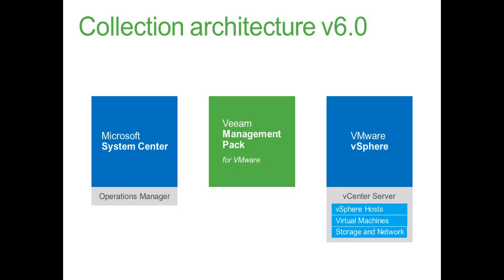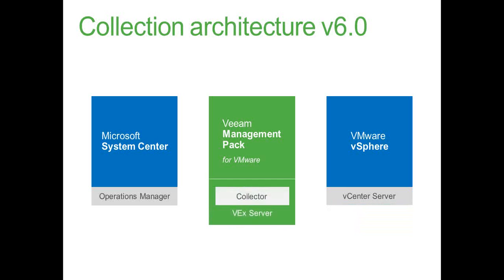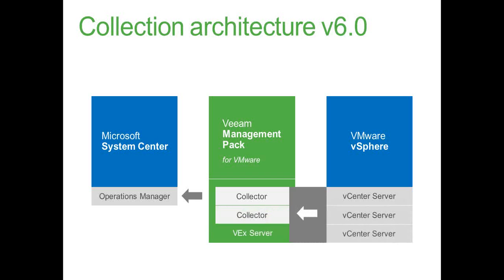I got my vCenter server, and there's a collector service running on the Veeam Management Pack server, which basically collects the information from our vSphere and gives it back to the System Center. So that's ideally how the architecture works in the previous version 6.0.